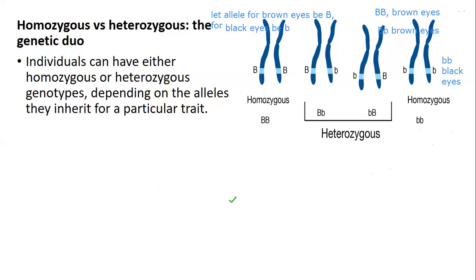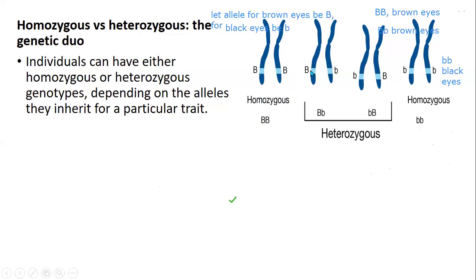Homo means same. Hetero means different. For instance, if one of your parents had capital B, as you can see in the illustration here, and the other parent also had capital B, which they have given to you, then we say you are homozygous for capital B.